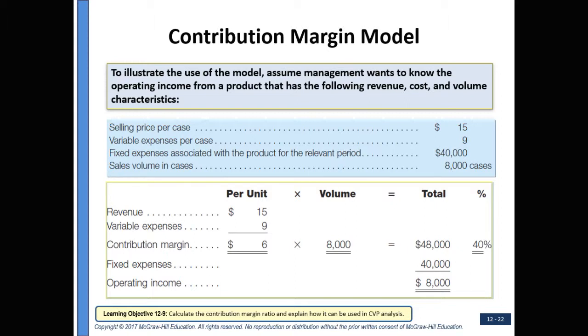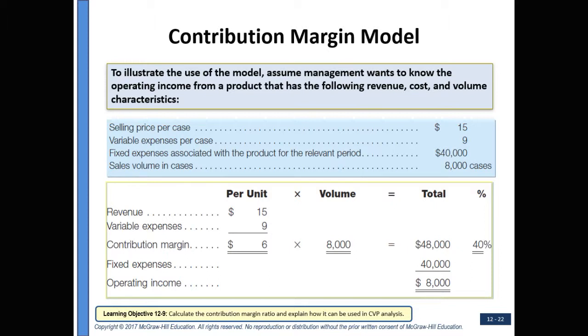We have a total contribution margin of $48,000 and fixed expenses of $40,000. So the company produced $8,000 of operating income during the period. This is if they have sales volume in cases at 8,000.